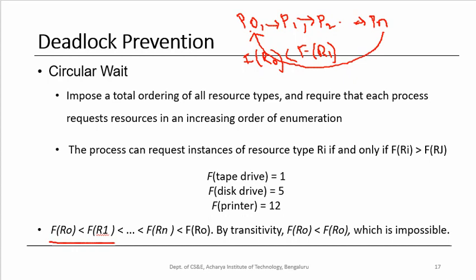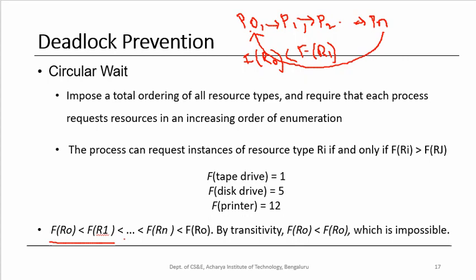That's what I have written here, and it goes on: if P1 has to make a request for a resource which is being held by P2, then f of R1 should be less than f of R2, and so on.